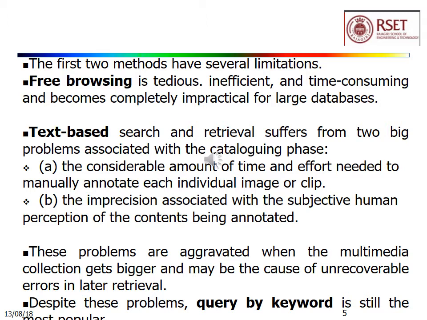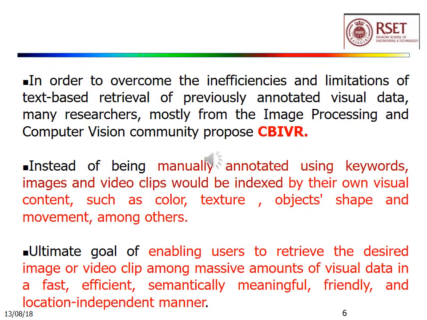Even though text-based image retrieval has some problems, query by keyword is still the most popular method for searching visual information on the web. In order to overcome the inefficiencies and limitations of text-based retrieval of previously annotated visual data, many researchers in image processing have introduced a method called CBIVR, which stands for Content-Based Image and Video Retrieval.